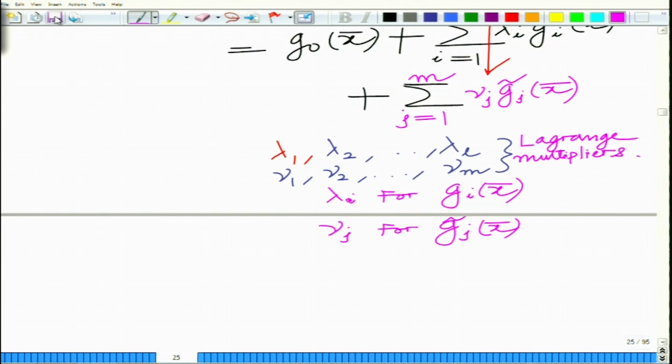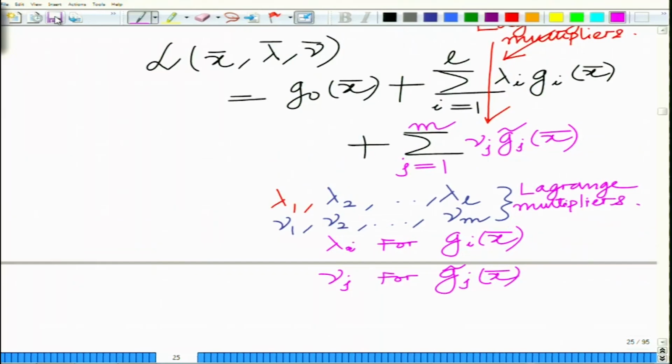So what we are doing is taking the objective function g naught of x bar, plus each inequality constraint gi of x bar multiplied by the Lagrange multiplier lambda i, summed, plus each equality constraint g tilde j of x bar multiplied by the Lagrange multiplier nu j, summed. So this is a weighted sum of the objective function and the constraints, and the weights are the Lagrange multipliers.